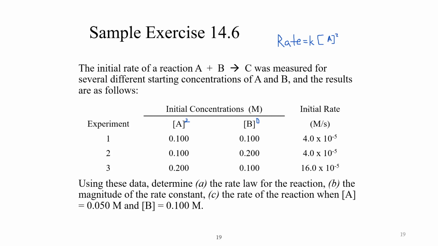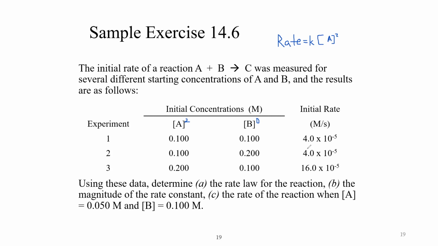And then with the second piece, the magnitude of the rate constant, it's going to be the same thing we did for the previous one. We can pick any of these trials, and we know what the rate of the reaction is. We're solving for k, but we have the initial concentration of A. So we can plug in two of those pieces and just solve for the third one. I'm just going to pick the first one in this case.